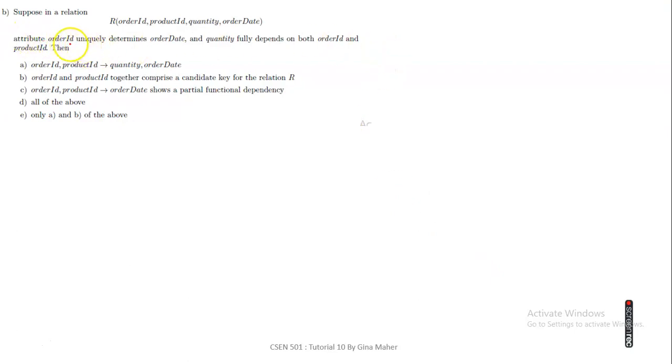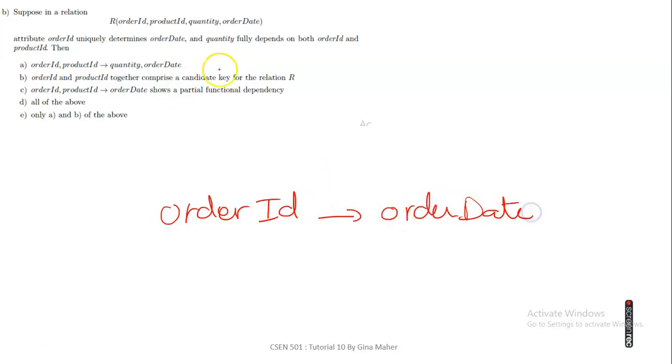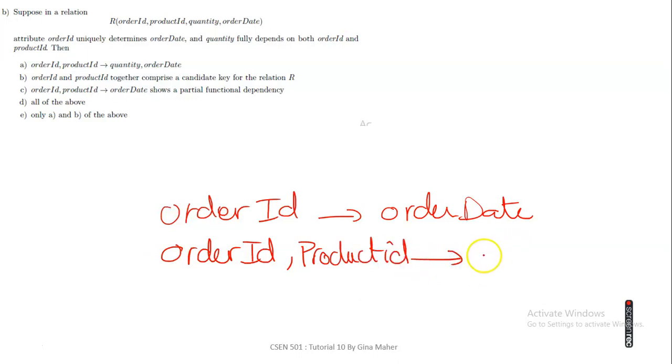Attribute order ID uniquely determines order date. So order ID implies order date. Quantity fully depends on both order ID and product ID, which means that order ID and product ID together imply quantity.